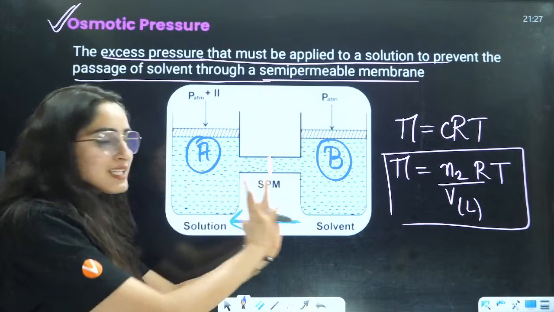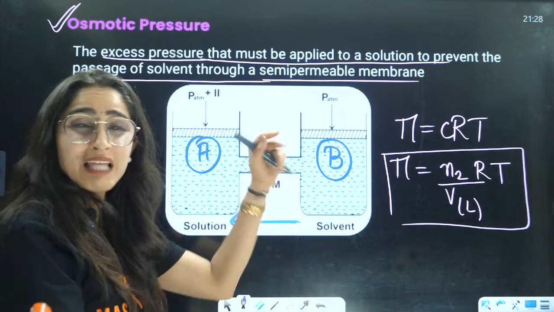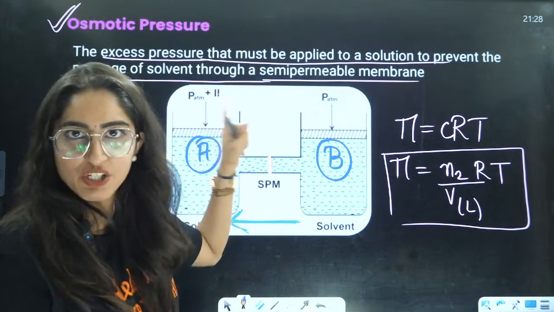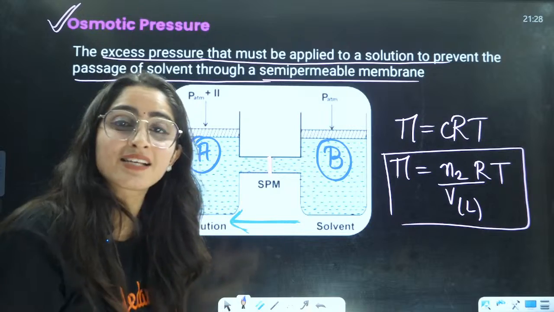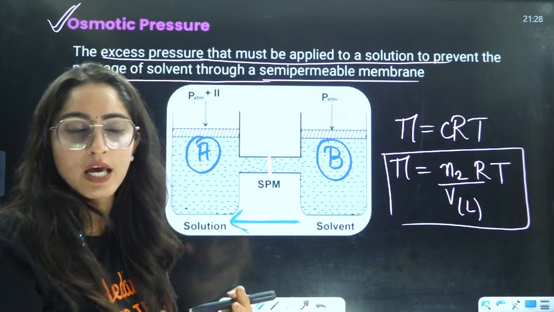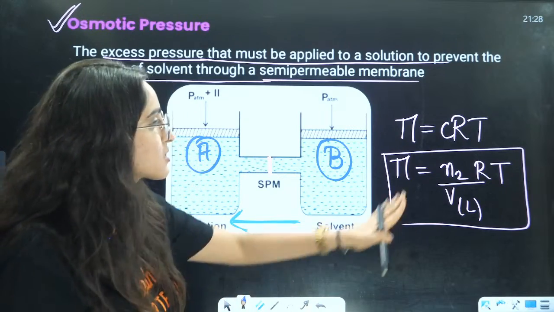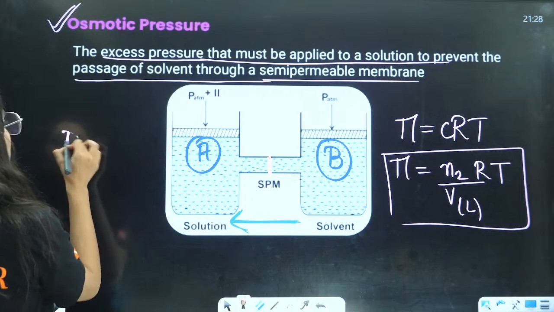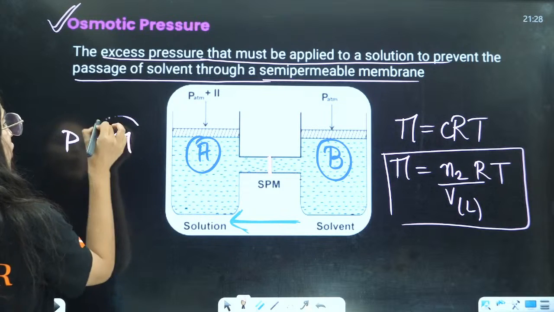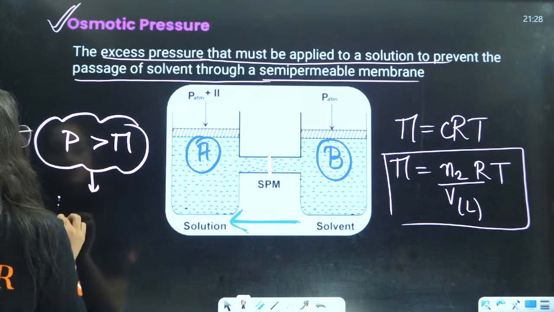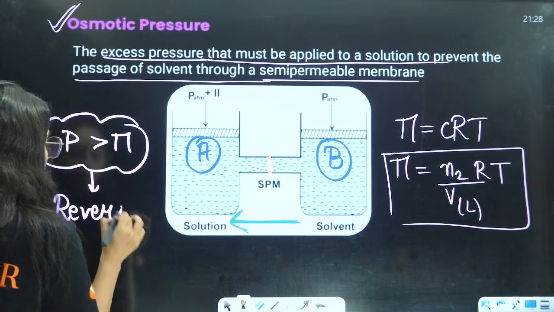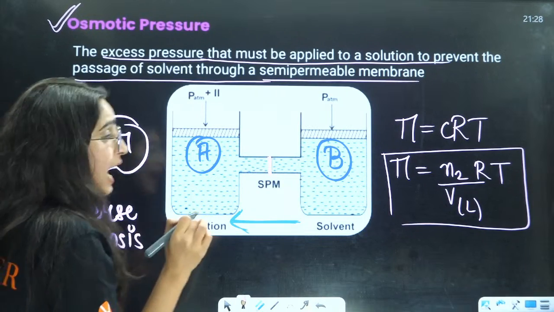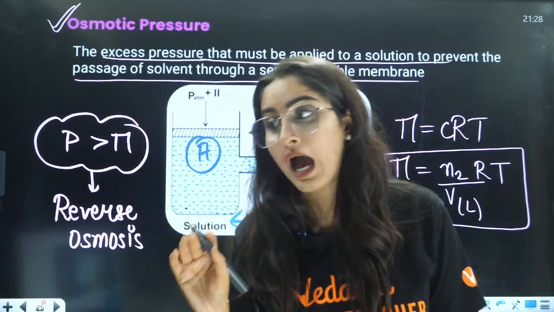If I am applying external pressure to that extent so that I can stop this osmosis, that is called osmotic pressure. If I am applying more pressure as compared to pi, that means if pressure exceeds the osmotic pressure, that is called reverse osmosis.